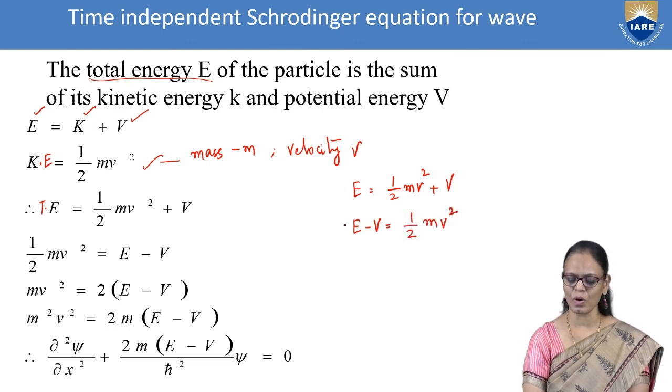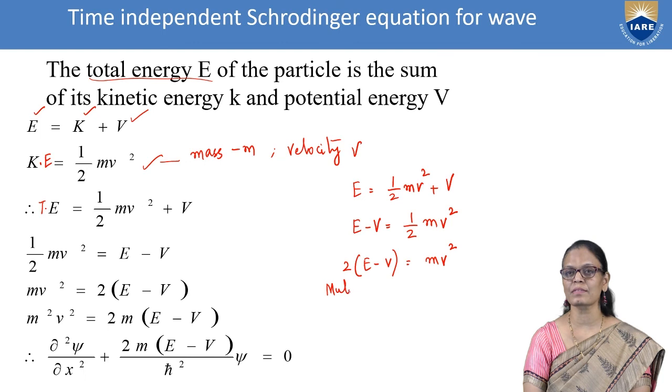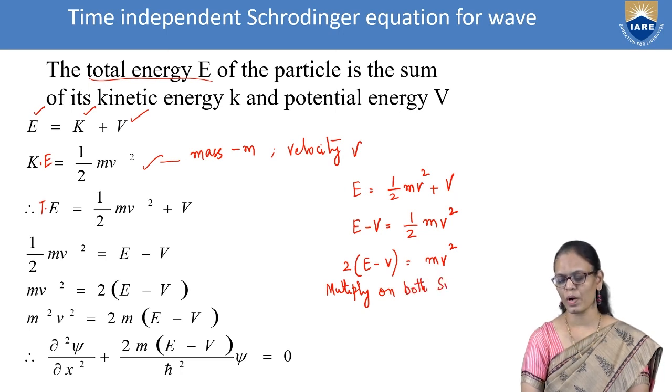I can take this 2 also onto the other side. I can write 2 into E minus V is equal to mv square. Now, you can multiply on both sides with m. Why? I'll explain.